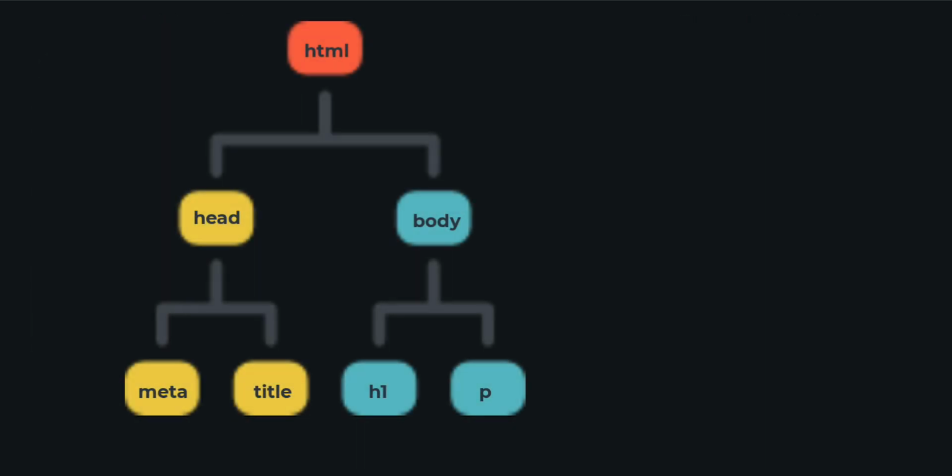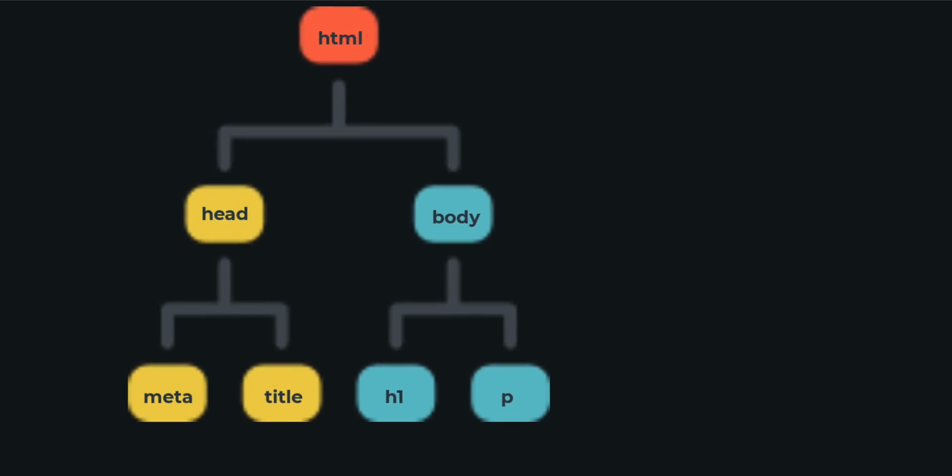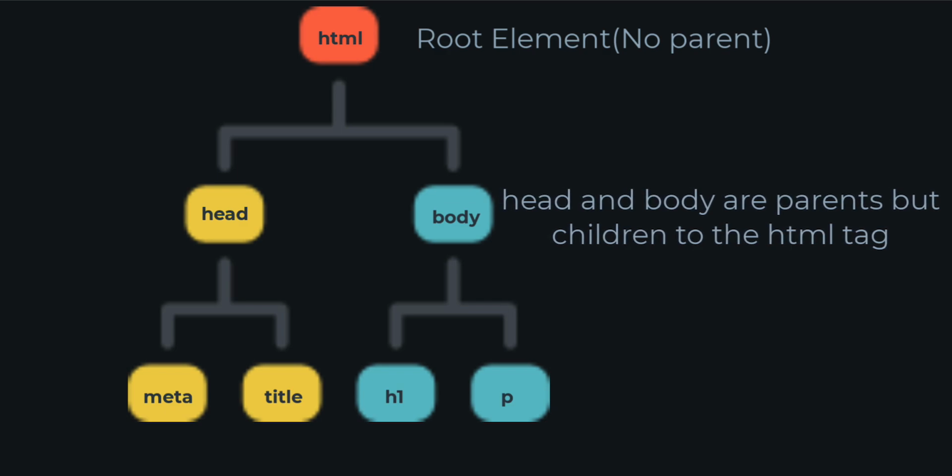The HTML elements in this tree-like structure can share a parent-child relationship. First of all, you have the HTML tag as the root of this tree, and then you have the head and body. The head can have elements inside of it, such as the meta tags and the title tag.